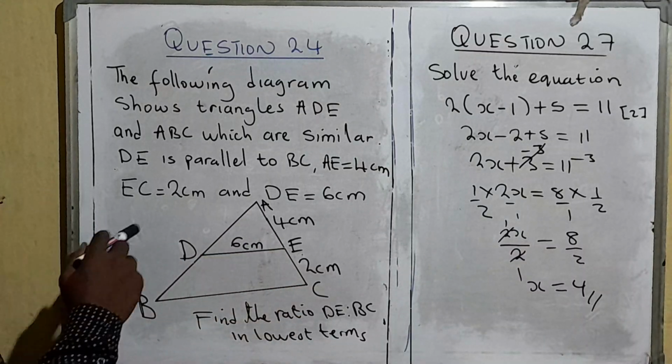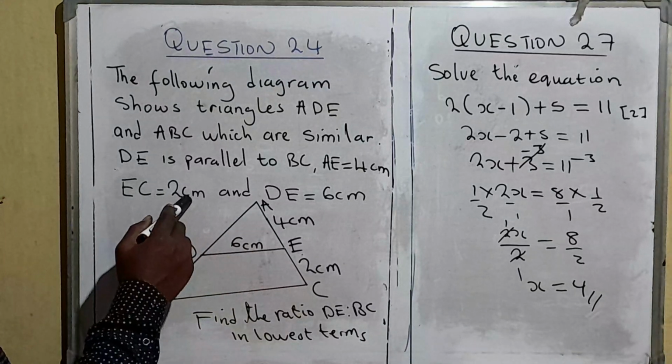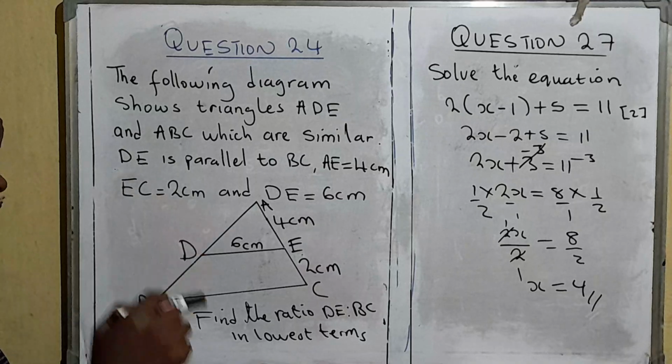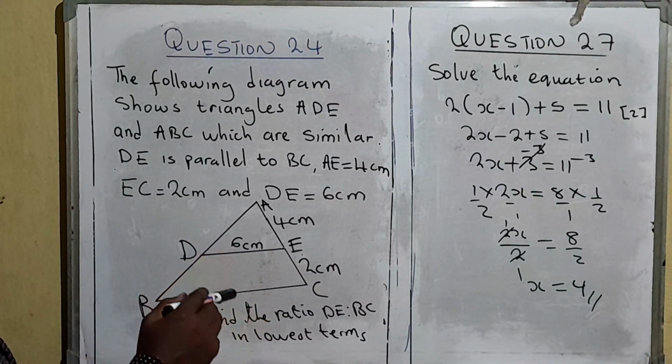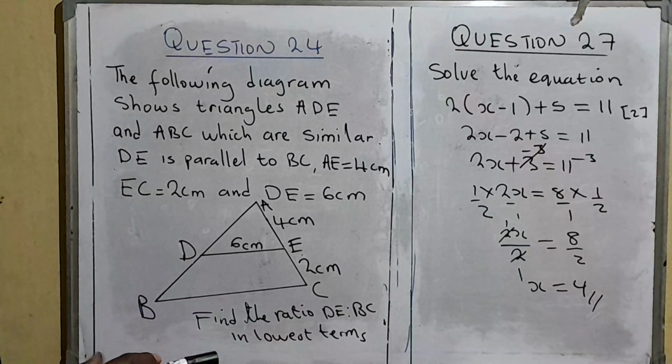AC. So they're saying EC is equal to 2 centimeters and DE is equal to 6 centimeters. Then the question: find the ratio DE to BC in its lowest term.